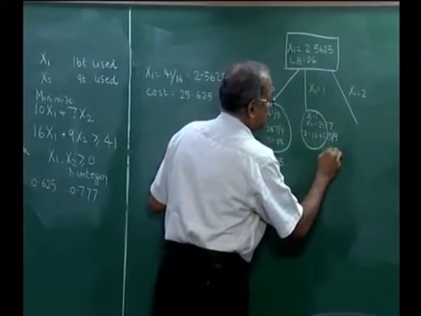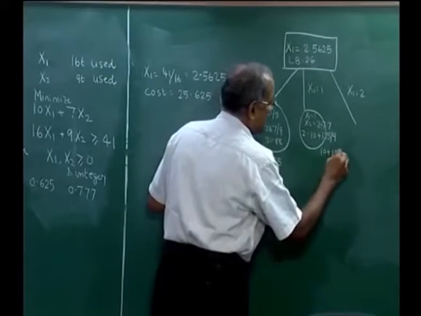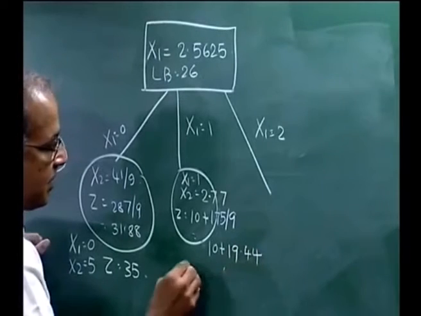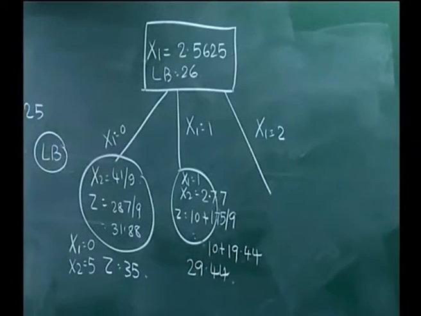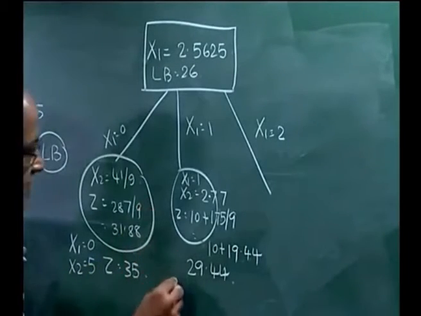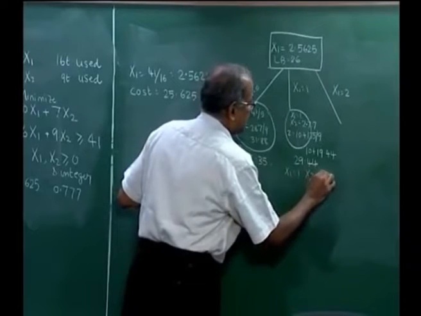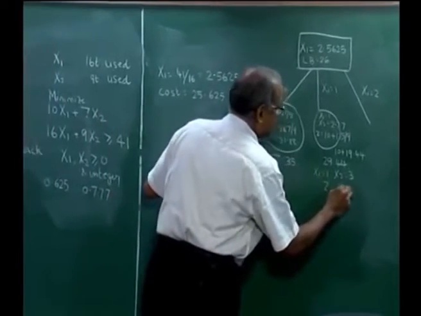This is 10 plus 19.44, 29.44, which is the lower bound, and the corresponding feasible solution is x1 equal to 1, x2 equal to 3 with z equal to 21 plus 10, 31.